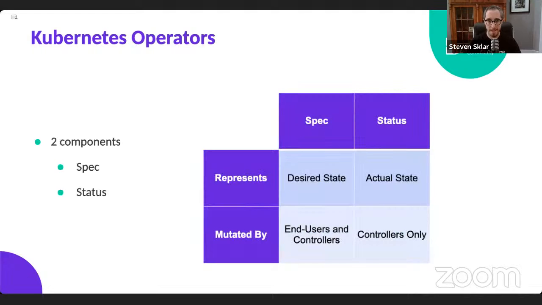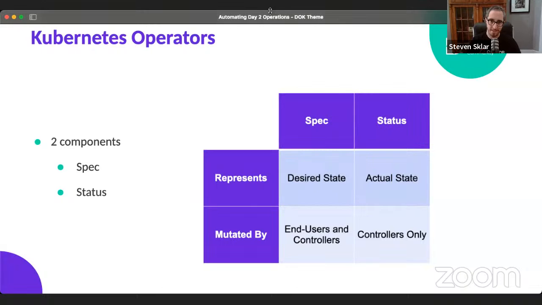There are two main components to custom resource definitions and custom resources, and really just any Kubernetes resource in general. You have its spec and its status. The object's spec represents its desired state. When we are dealing with YAML manifests and applying them and working with all of the tools that work with these manifests, we are dealing with objects' specs and their desired state.